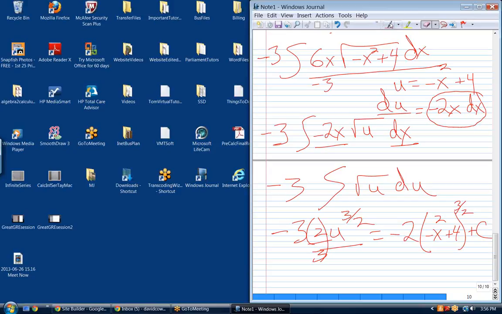Where did the 3/2 on the bottom come from? That came from when I integrated u to the 1/2. So I added 1 and then divided by the new exponent, which gave me 2/3 u to the 3/2 times the minus 3.